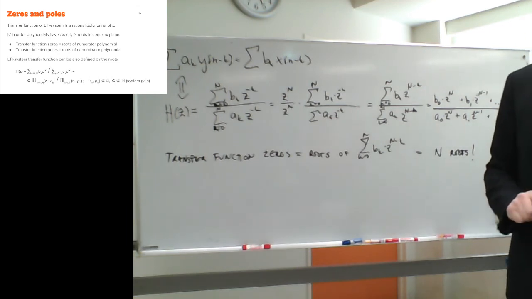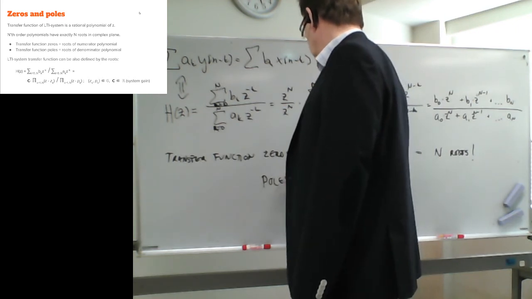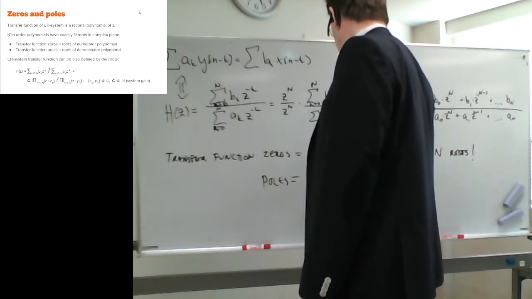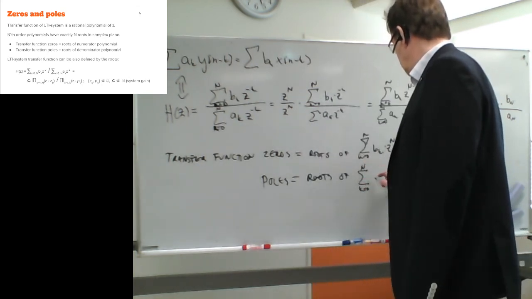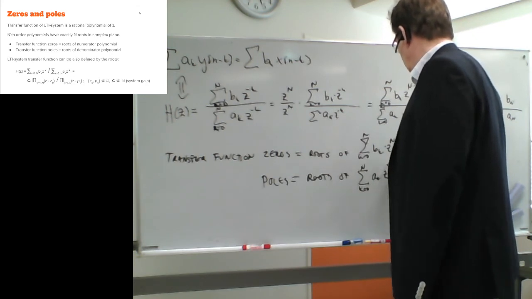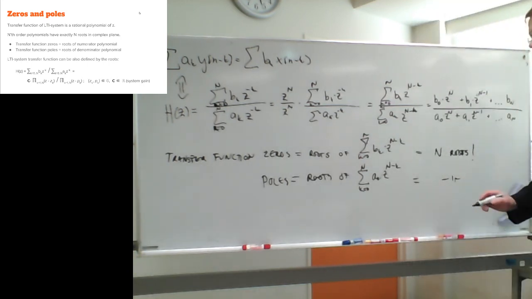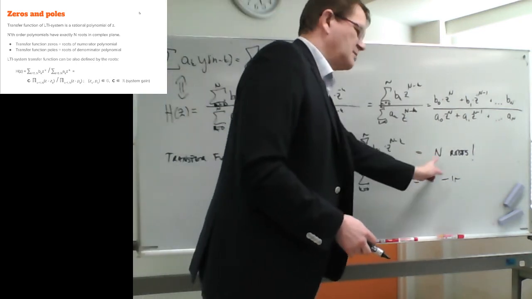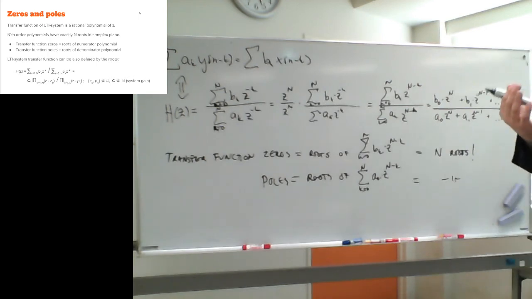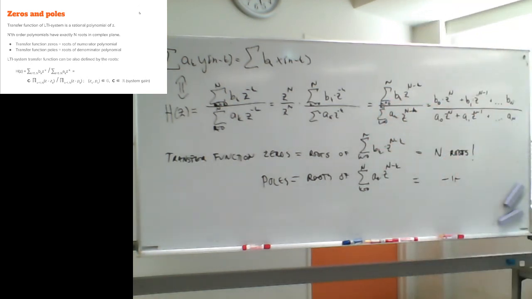No less, no more. Exactly n roots. And then the poles actually are the roots of the sum from 0 to n of a_k, so that's the denominator polynomial. And that one also has n roots. The number of roots, this n here and n there, could be different. It depends on what kind of time property you have in the system, but for minimum delay systems, they are equal.